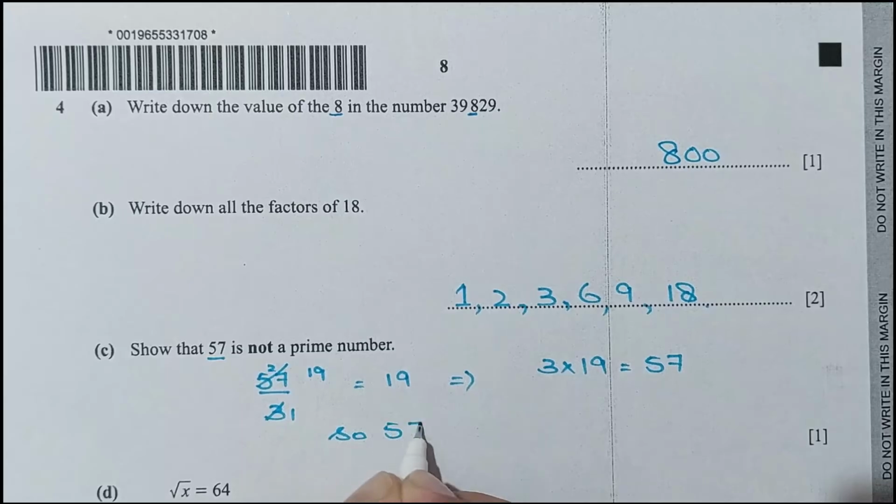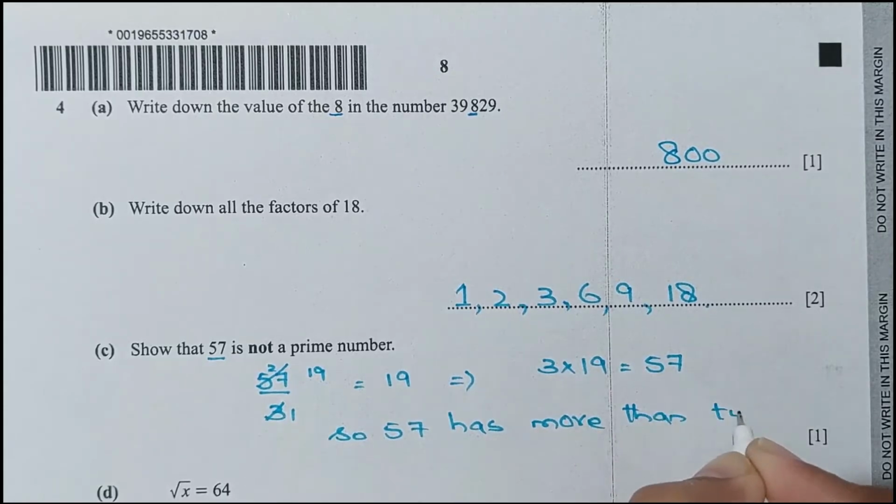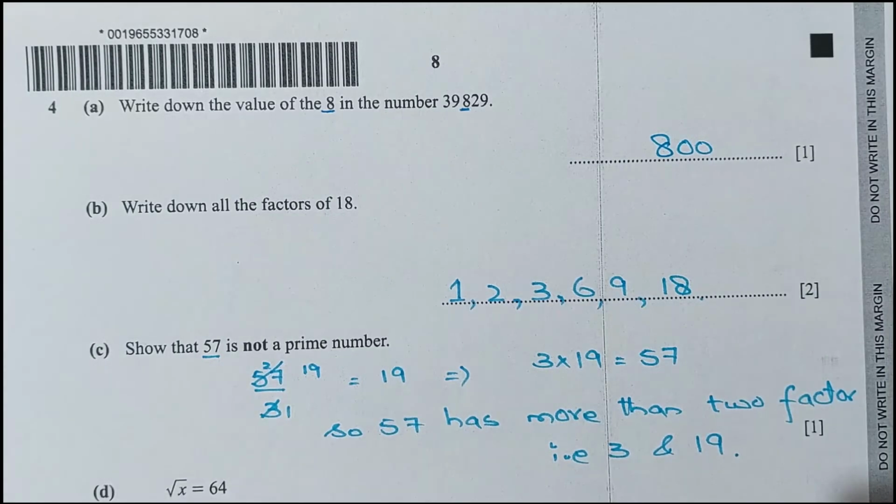So 57 has more than 2 factors, that is 3 and 19. When a number has only 2 factors, 1 and the number itself, that number is a prime number. So you can see this is not a prime number.